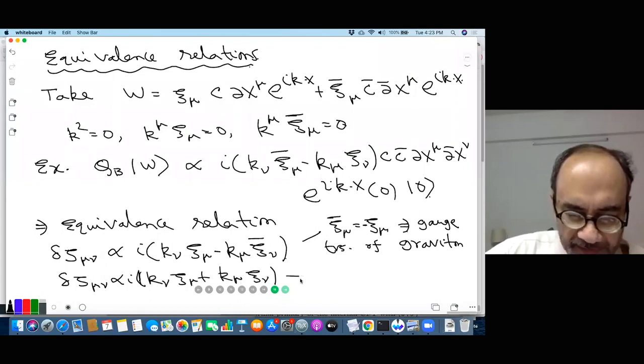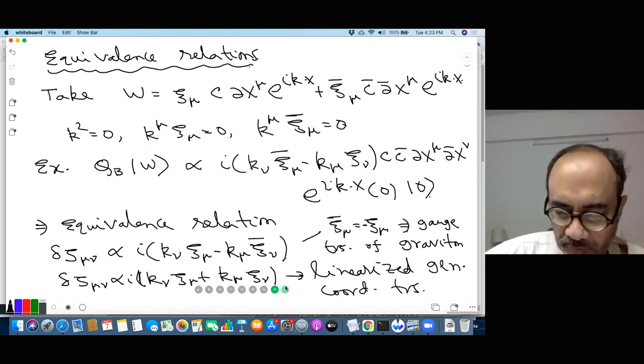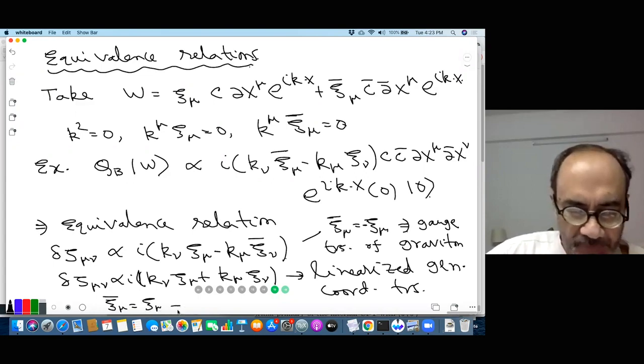And this is precisely the linearized general coordinate transformation. And the other one, where you take xi bar mu equal to xi mu, gives the gauge transformation of B mu nu. This is the momentum space.